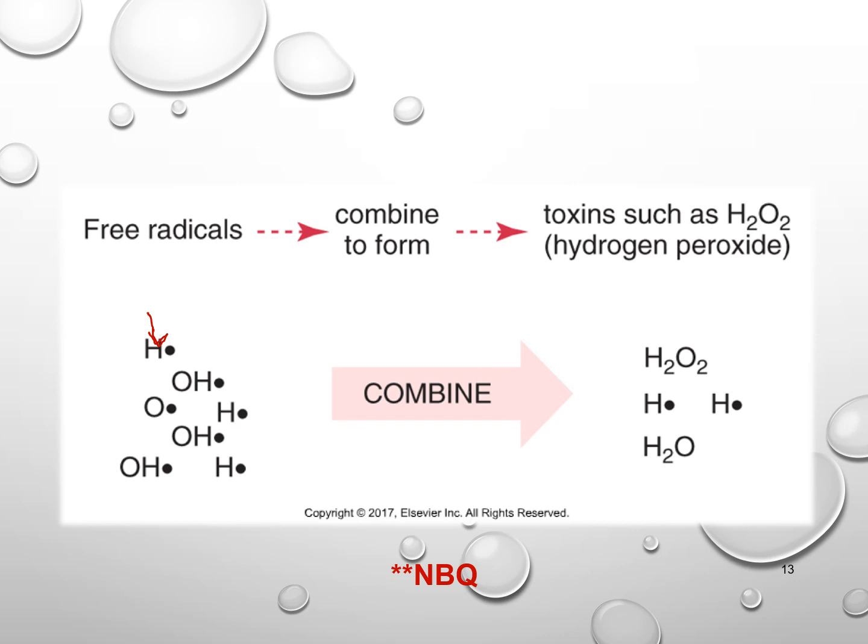Those H2O2s and the free radicals that are still floating around are very harmful to the tissue. Some of the ones that combine will combine back to H2O, which is water. Some of them will just combine to each other, and some of them will form hydrogen peroxide.